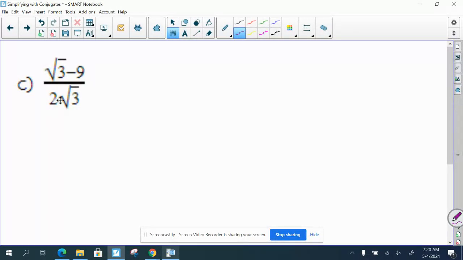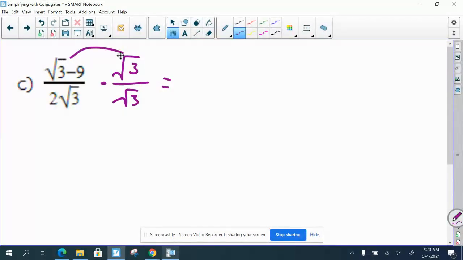So what would you have to multiply by here to simplify the square root of 3? This is just a basic example, so we would just do the square root of 3. You don't have to worry about multiplying by 2 again. So this one you have to distribute.